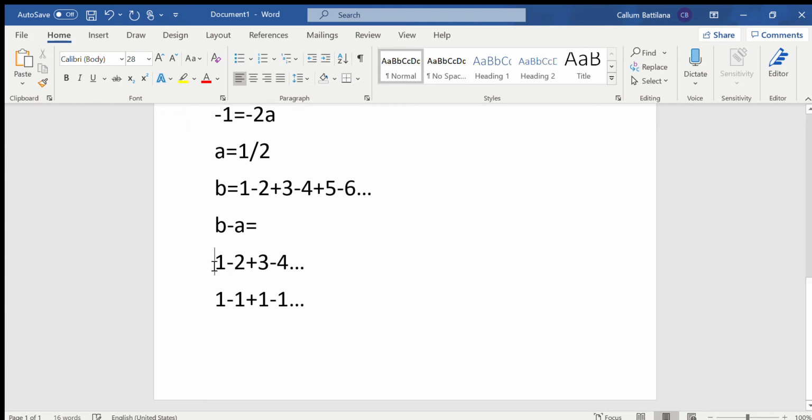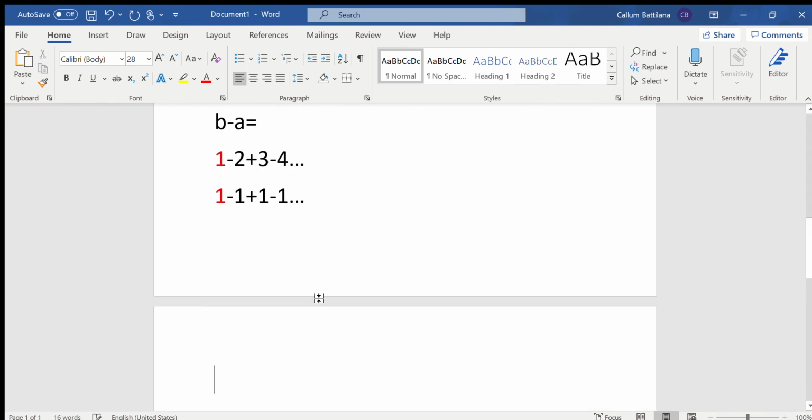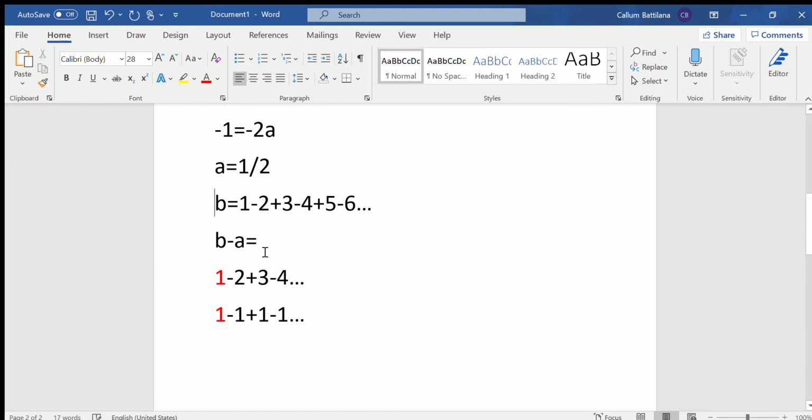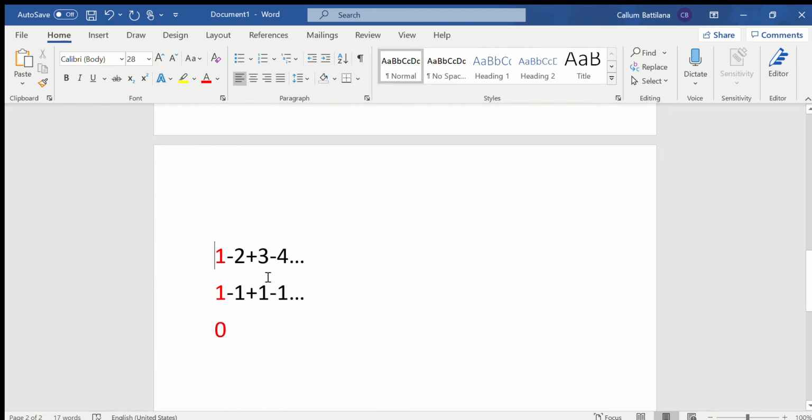So, if we subtract this term from this term, we end up getting, okay, so 1 minus 1, well, that's going to be 0. Okay, well, we will bring this down there.